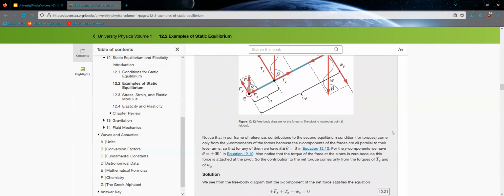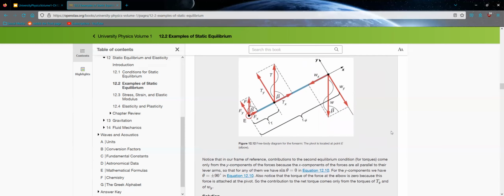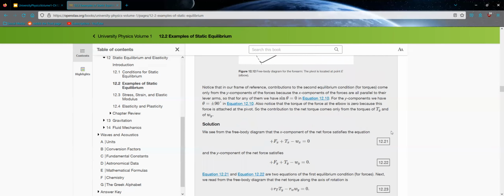I'm not going to explain to you why they set the X-axis along the arm. I want you to read it. If you can't intuit it from the math, I want you to read and solve that problem. So when we see the free body diagram, we know that everything in the X direction sums to 0, and everything in the Y direction, of course, sums to 0.